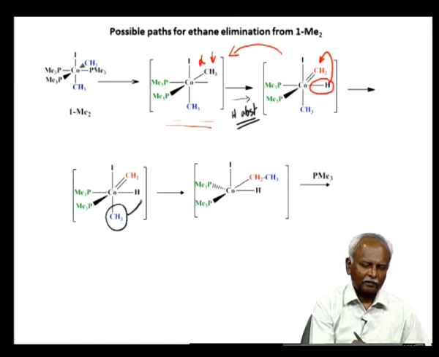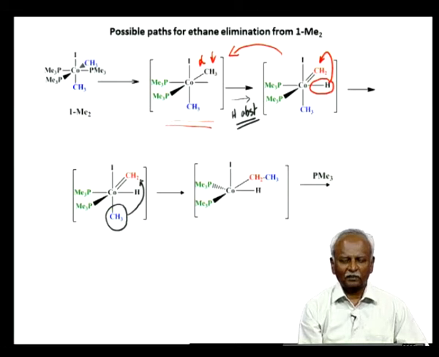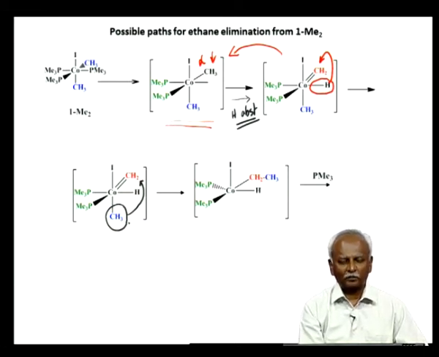If that happens, you would end up with an ethyl moiety on the cobalt, and you will notice that these are color coded. The migrating methyl group, the anionic group, is the one which migrates to the neutral group. So, that is what we have written, it is a migratory insertion. So, the methyl group attacks the methylene unit and an ethyl moiety is generated on the cobalt.